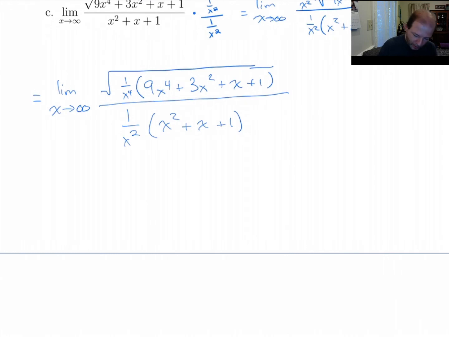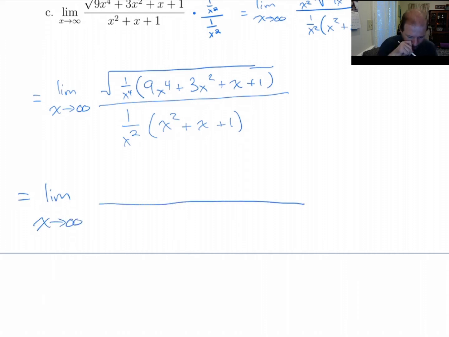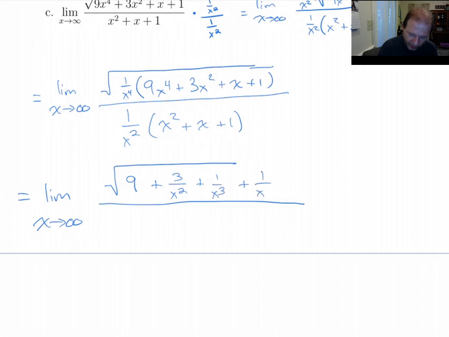All right. When I multiply that out, on top, I'm left with square root of 9 plus 3 over x squared plus 1 over x cubed plus 1 over x to the 4th.